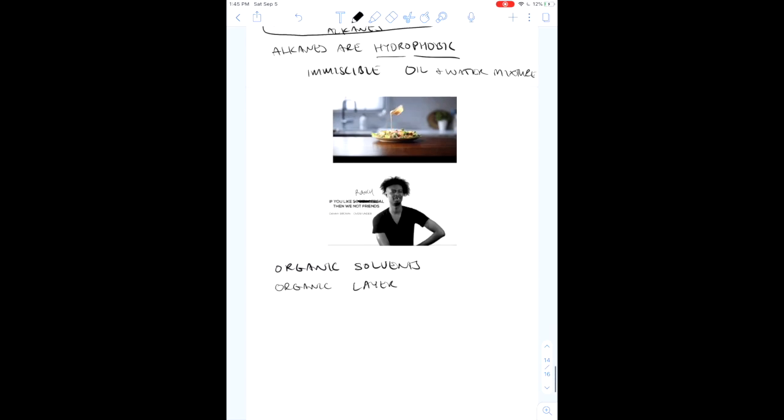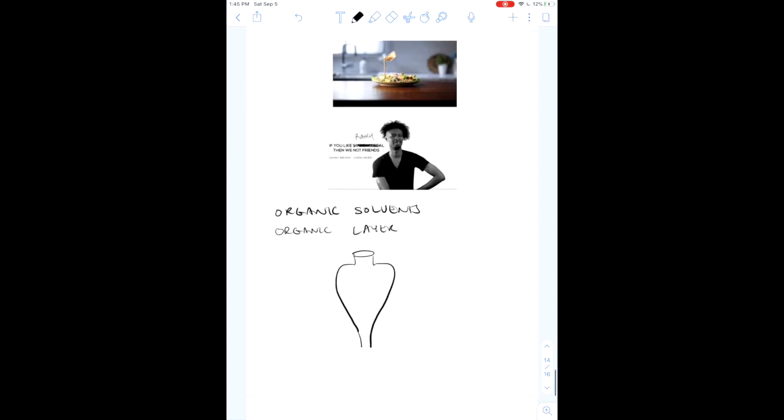Okay, so we could have something like a little container. Let's just say, I'll just introduce it right now. It doesn't matter. We would have a separatory funnel. Okay, so this is my best attempt at drawing that. I'm sorry if it's terrible, but basically what this is used to do is something called extractions.